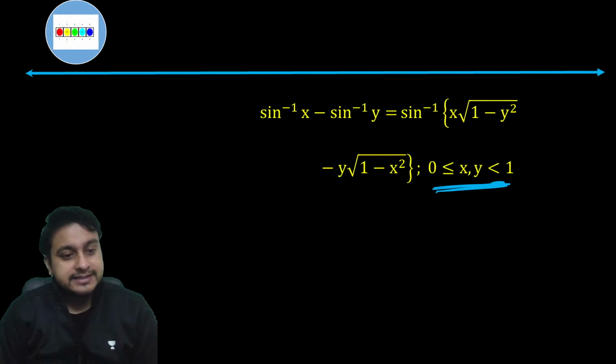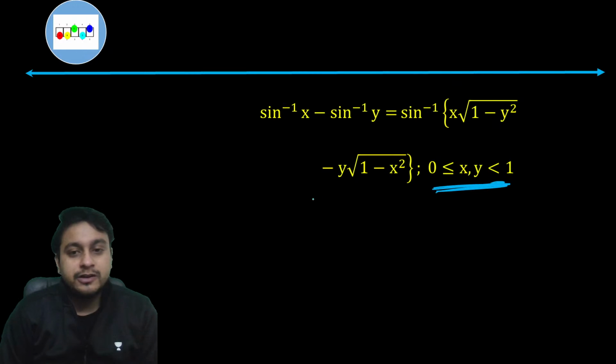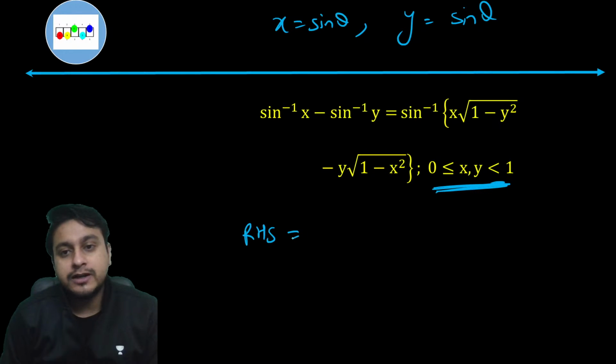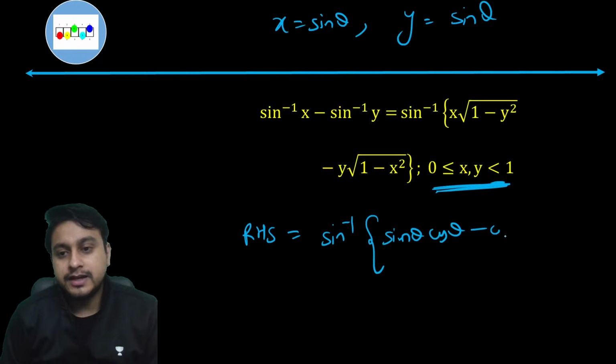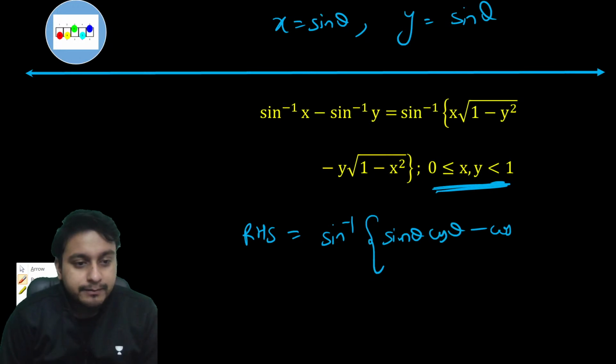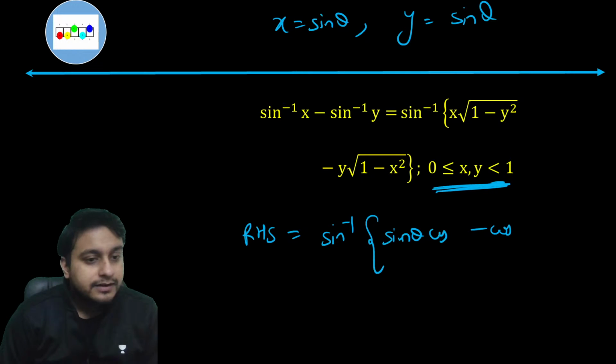Let's start from the RHS again. And all of us know what we need to do. We will put x as sine theta and y as sine phi, right? Then our RHS will come out as sine inverse of sine theta cos phi minus cos theta sine phi, right?